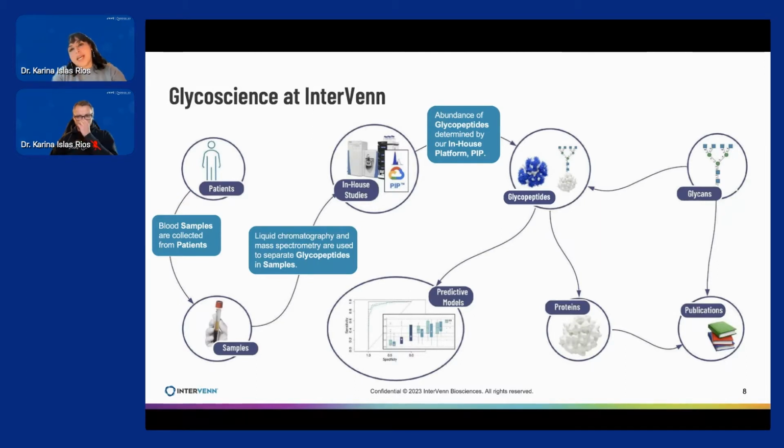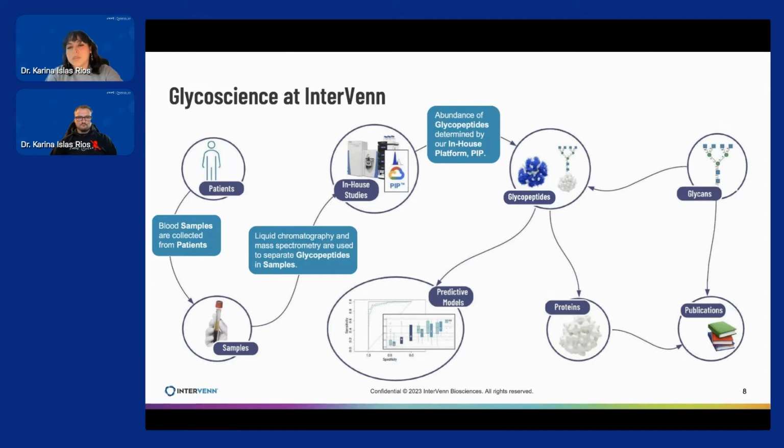And once we have this information about the glycopeptides in each sample of each person that is enrolled in the study, we are able to create models. We could do classifiers that do diagnostics for a disease in particular.